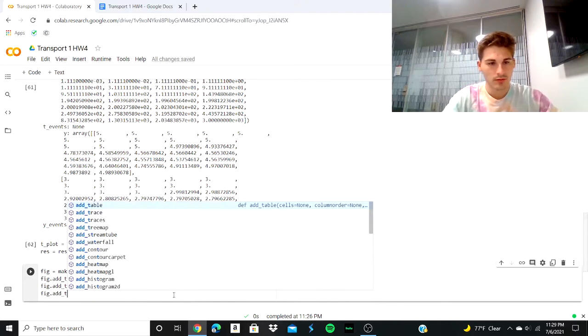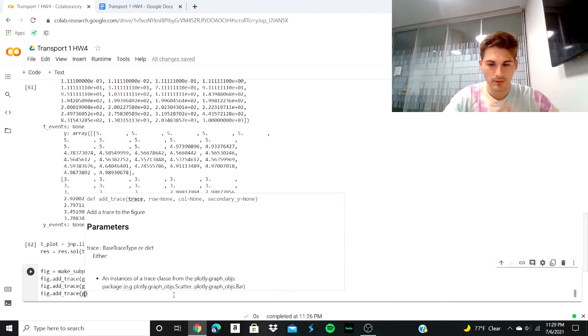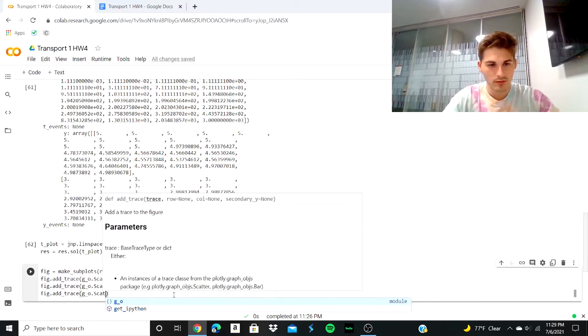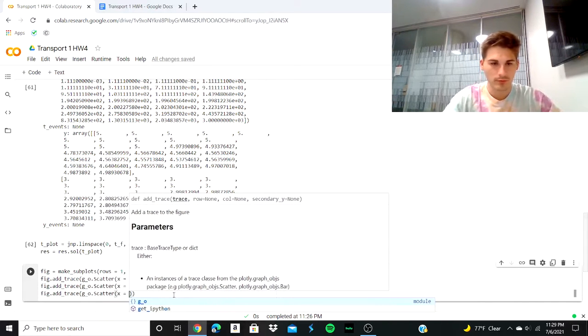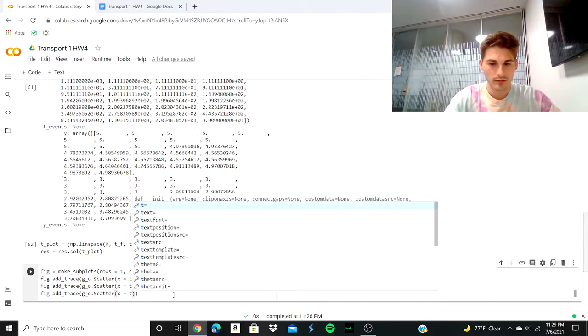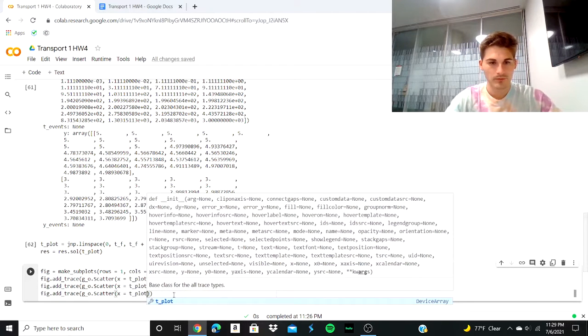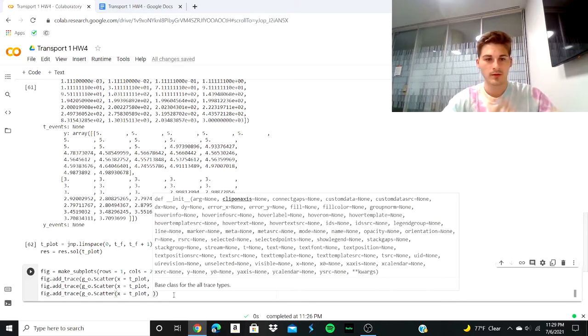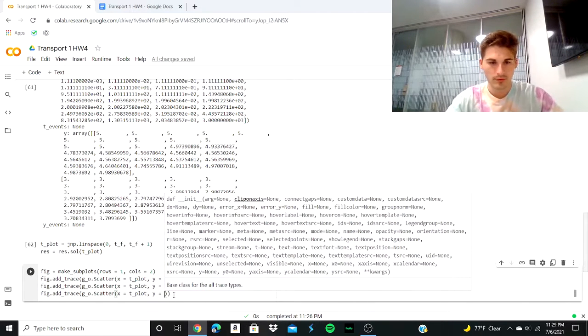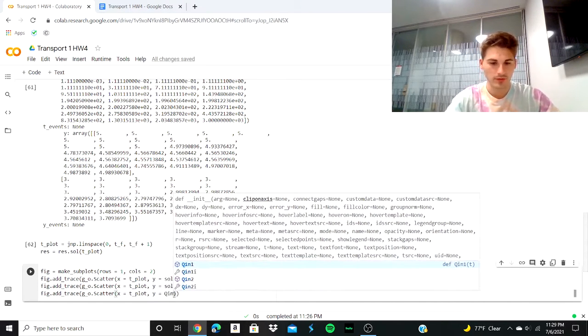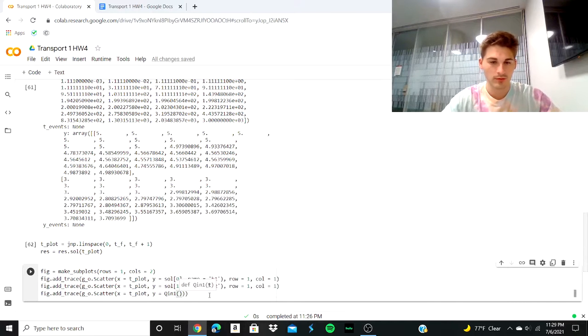So we want the same x-axis as being the same time interval, and then our y instead is going to be qn1, so the flow entering our first tank.